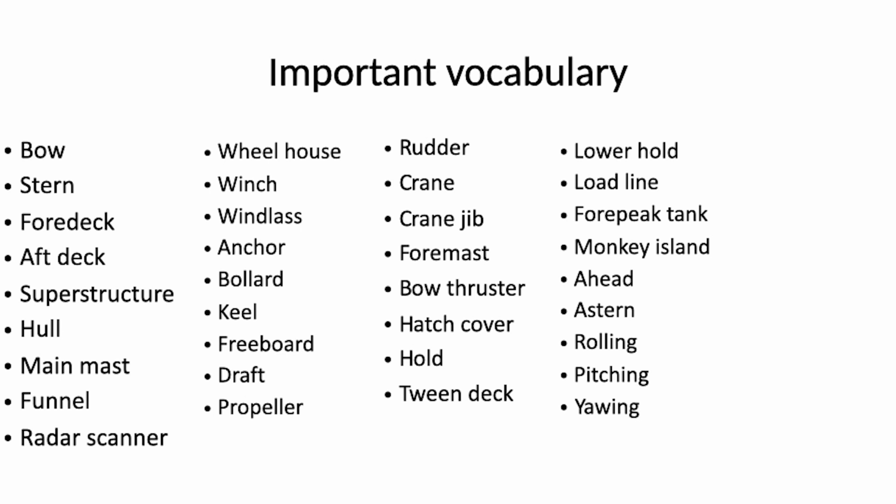Bow, stern, foredeck, aft deck, superstructure, hull, main mast, funnel, radar scanner, wheelhouse, winch, windlass, anchor, bollard, keel, freeboard, draft, propeller, rudder, crane, crane jib, foremast, bow thruster, hatch cover, hold, tween deck, lower hold, load line, forepeak tank, Monkey Island, ahead, astern, rolling, pitching, yawing.